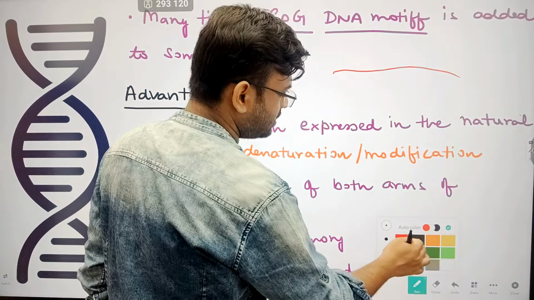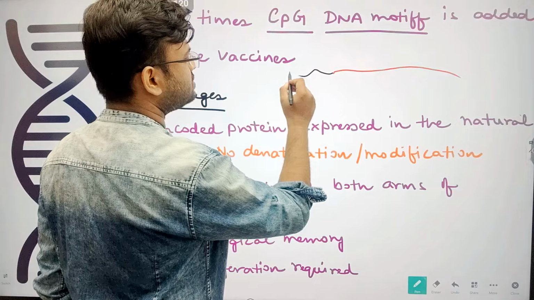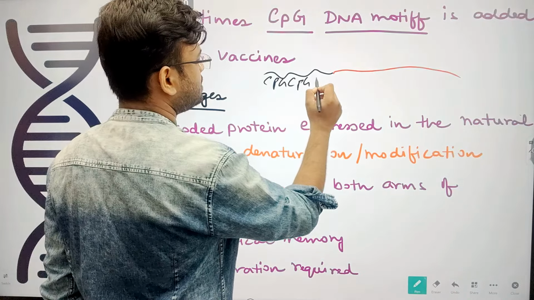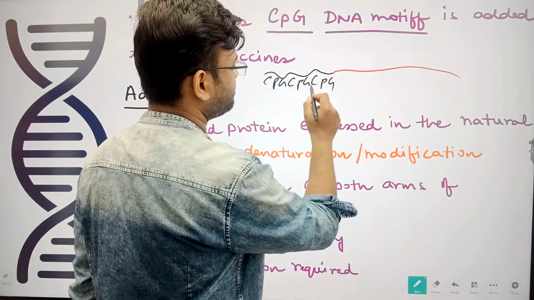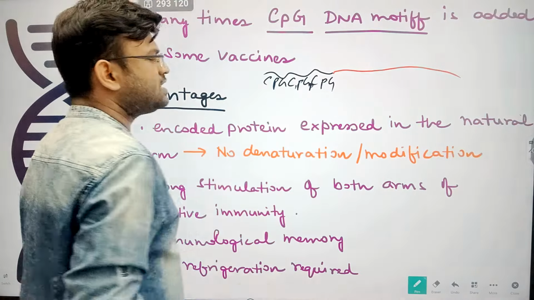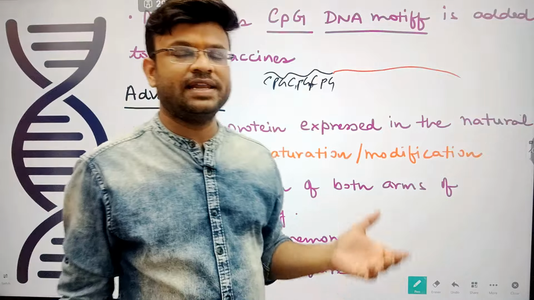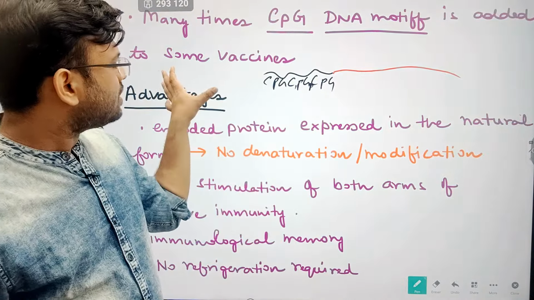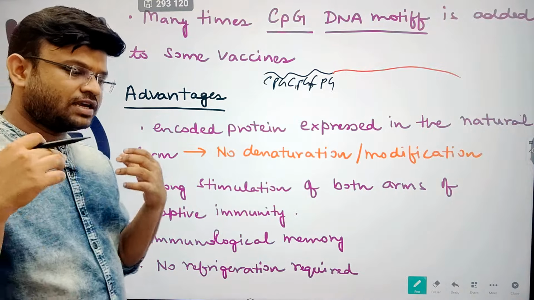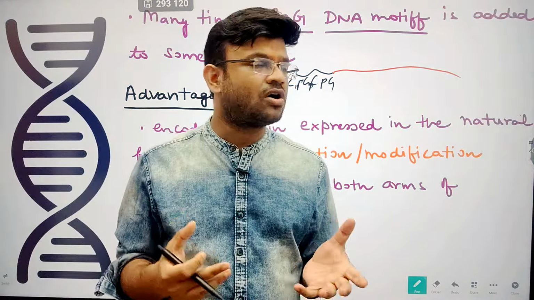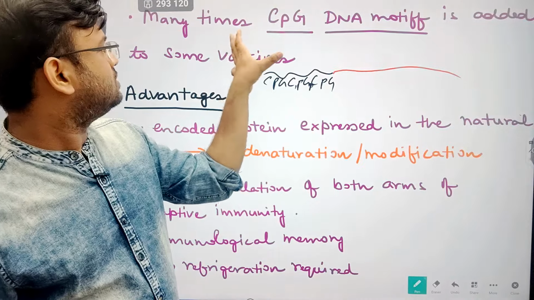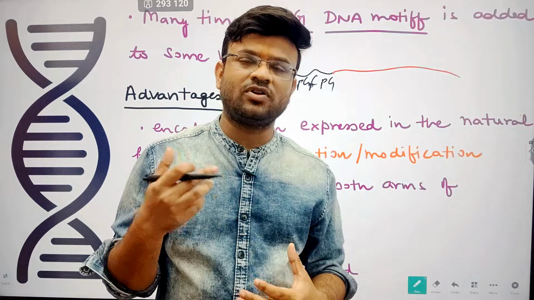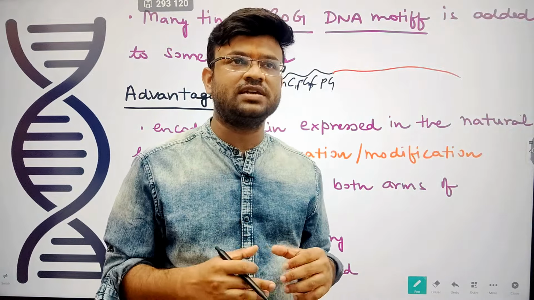Now to the DNA, you have to insert CpG, CpG, CpG, CpG, something like this. Basically, this is a CpG island, and this CpG island is responsible for increasing the effect of the vaccine. So when you are adding a CpG DNA motif, it will obviously enhance the effect of the vaccine.